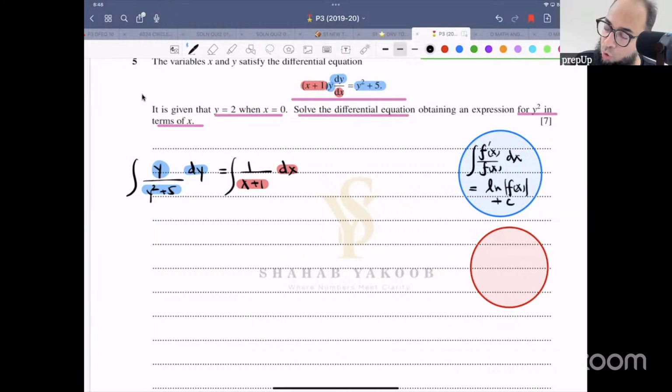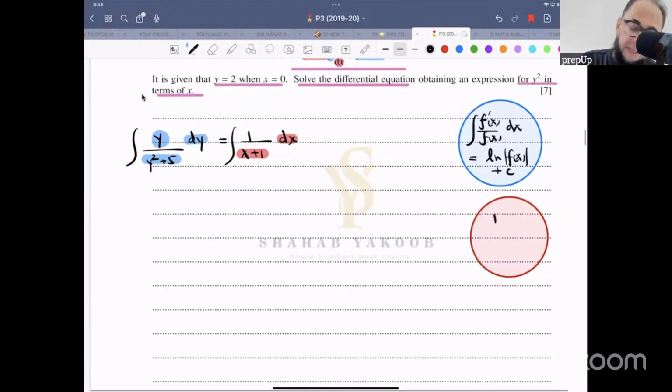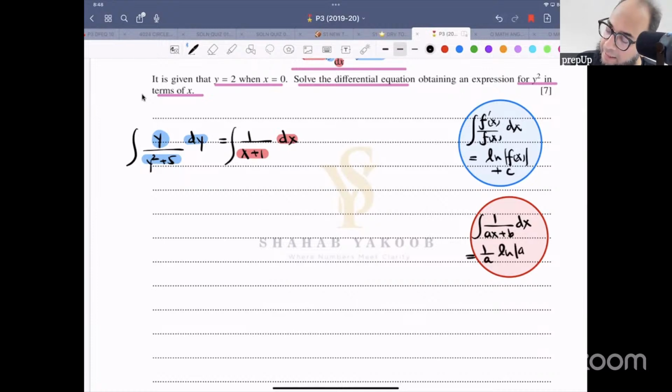If it's applicable, we will use it. Similarly, 1 over ax plus b. If the chain rule fails, then ln comes to the rescue. Integral of 1 over ax plus b dx, chain rule doesn't work. So this is 1 over a ln of ax plus b plus c.